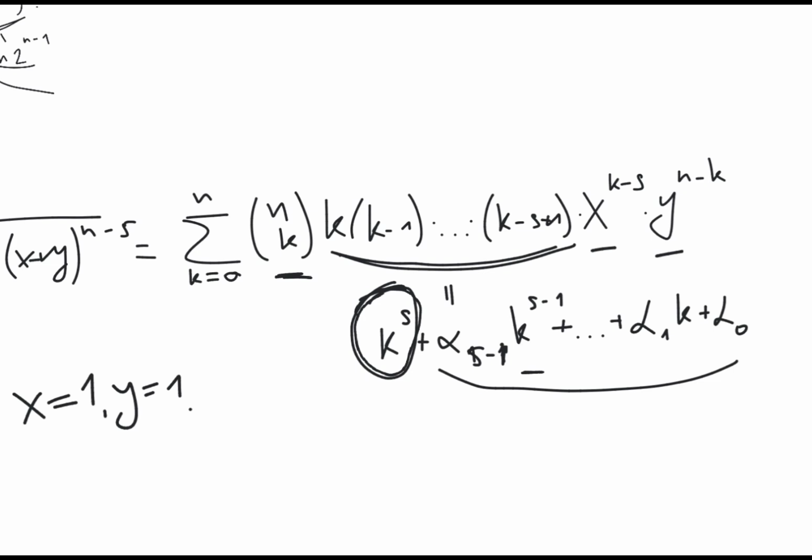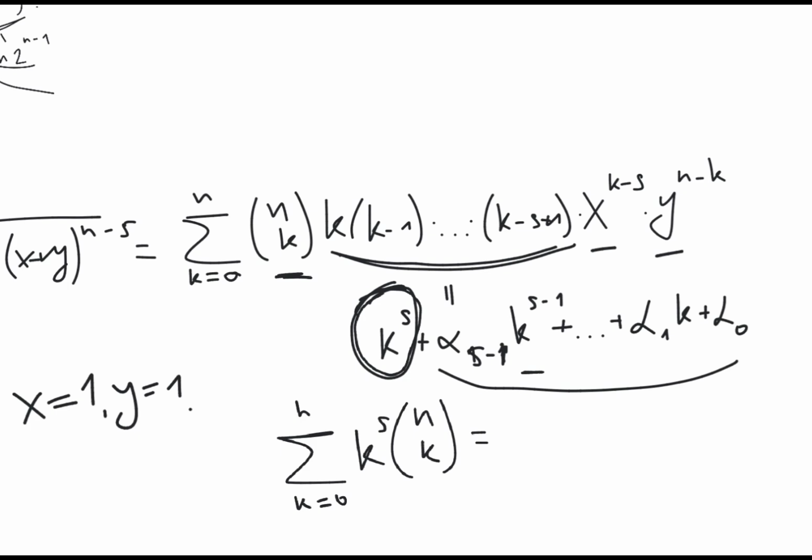So basically this way we can express the sum of k to the power s multiplied by this binomial coefficient in terms of the previous sums.